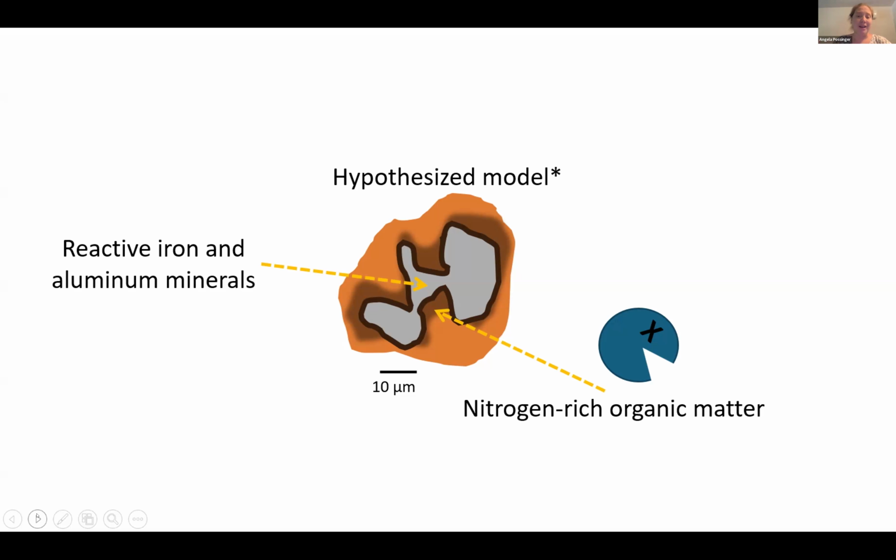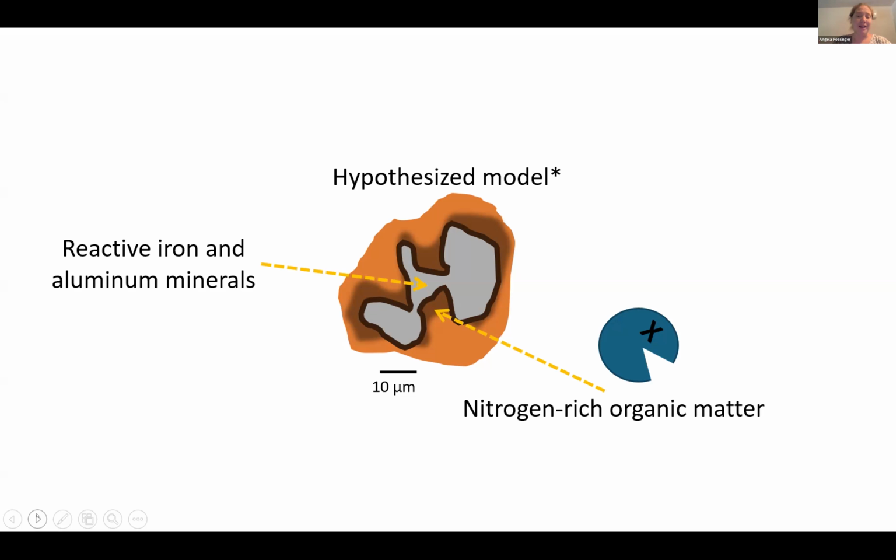But what's important to note is that even if it's a relatively small spatial extent, volcanic soils store a disproportionate amount of carbon. And also these reactive metal minerals are present in basically all soil types in different forms and in different abundances. So it's a relevant process beyond just these case study soils.